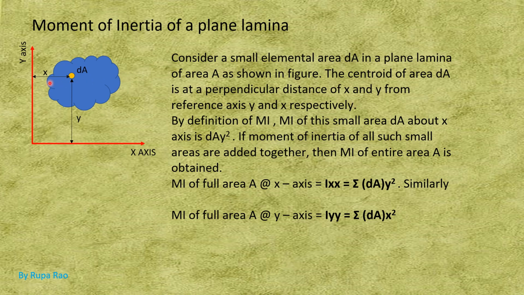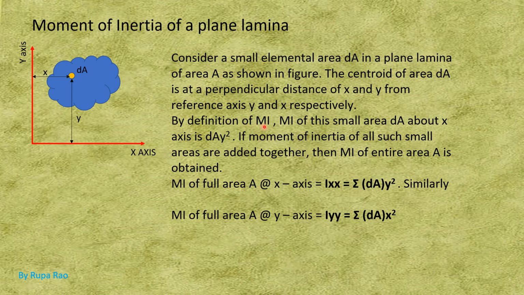Here it is very important to remember that when we consider the y-axis, the distance is horizontal and it is x. And when we consider the horizontal x-axis, the vertical distance is y. So the distance x is from axis y and the distance y is from axis x.